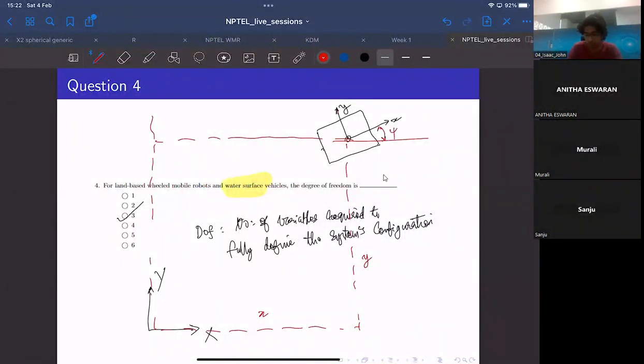So the position alone won't suffice. You would also need one more variable, an angular displacement about a z-axis that is perpendicular to this plane, to fully define the vehicle's configuration. So in this sense, you would require 3 degrees of freedom to fully specify a robot's configuration. I hope that is clear.